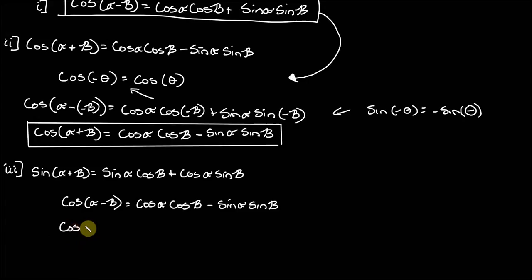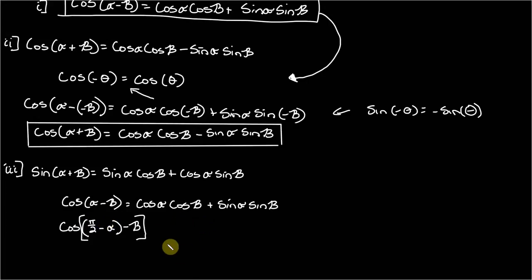Therefore, what we get is cos, sorry, this should be plus, by the way, cos pi over 2 minus alpha, and then we're going to double bracket this just to make it more clear logically. And then we've still got our minus beta. Cos of pi over 2 minus alpha minus beta, we close our brackets.